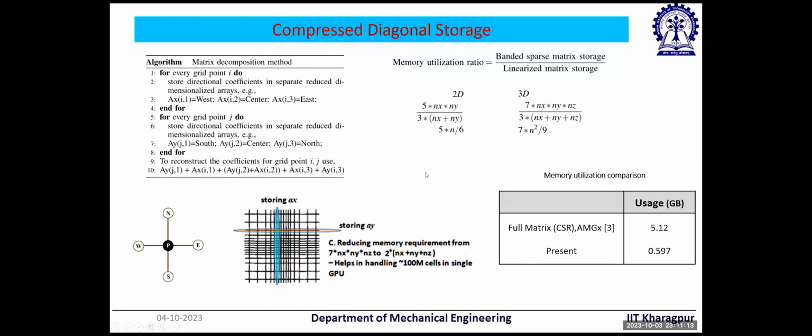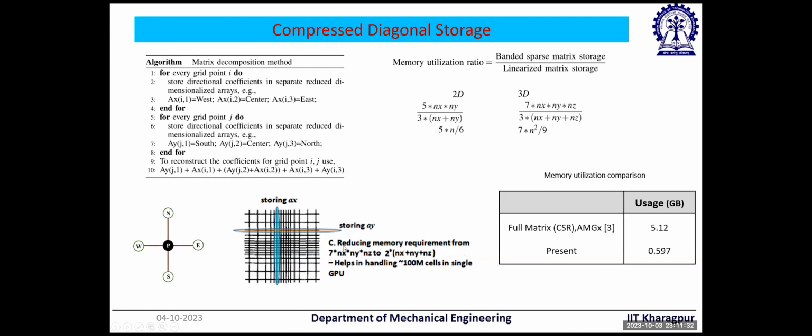And then we can see that when we are using a structured Cartesian mesh, the off-diagonal matrix coefficients are the same along the entire x direction, the entire y direction, and the entire z direction.